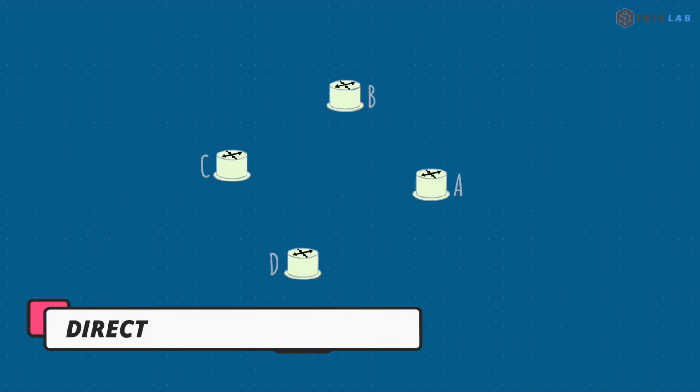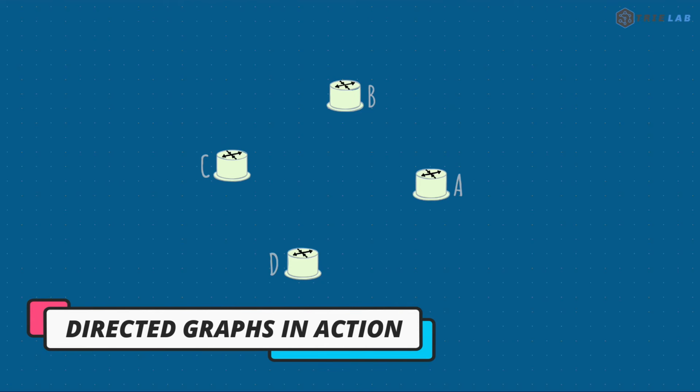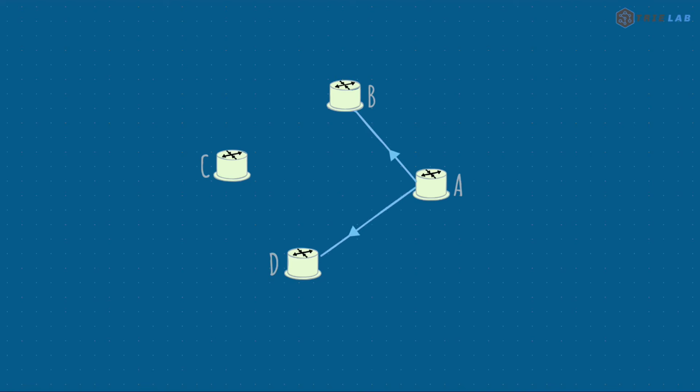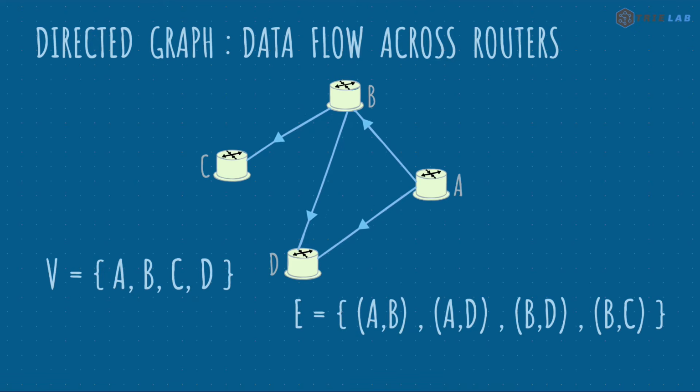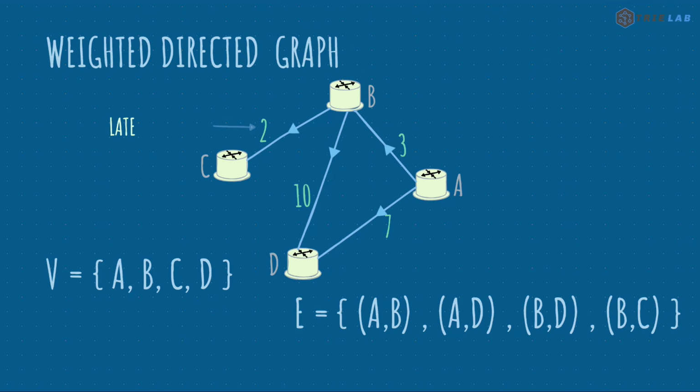Let's take a small example where we have 4 routers that want to share data between them. We can actually use a directed graph to represent the data flow. For example, over here, we can see that A is sharing data with B and D, while B is sharing data with C and D. Now we can also add latency or weights to the edges to signify the latency between the routers.